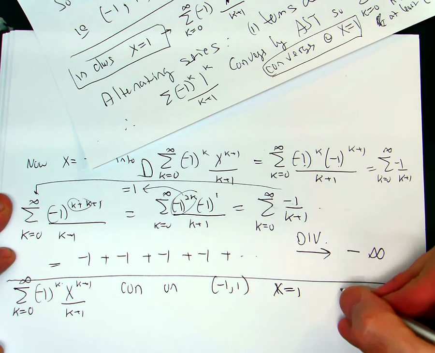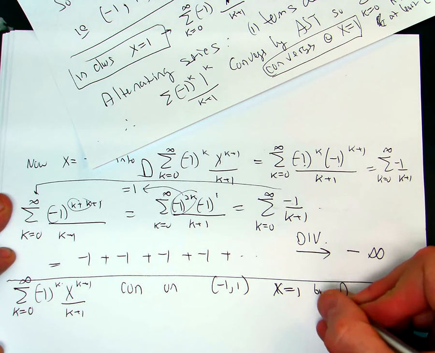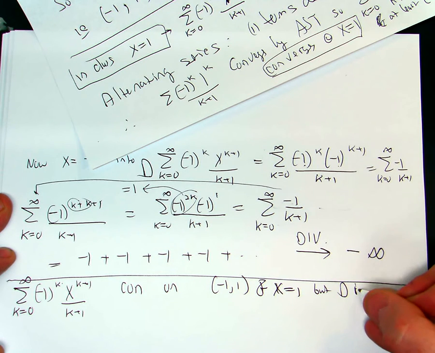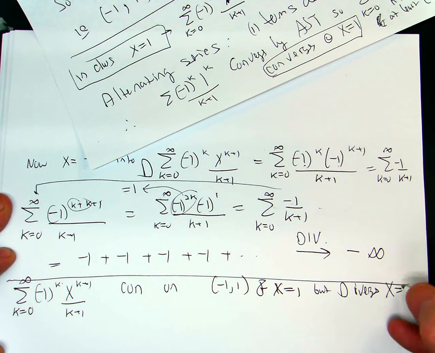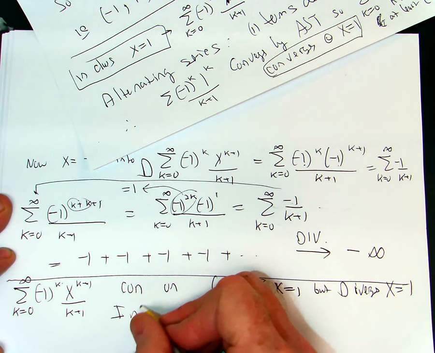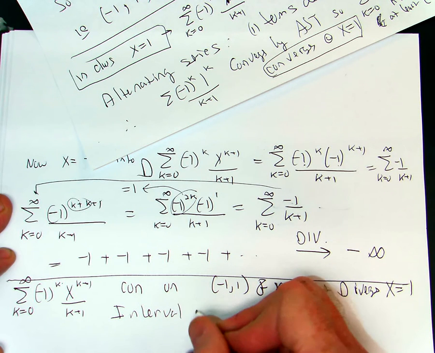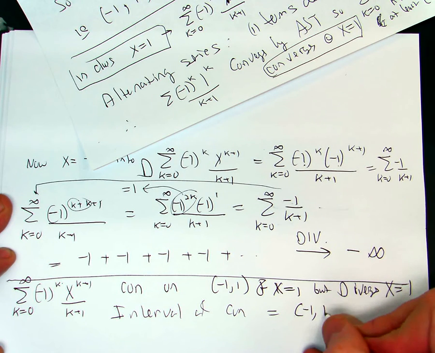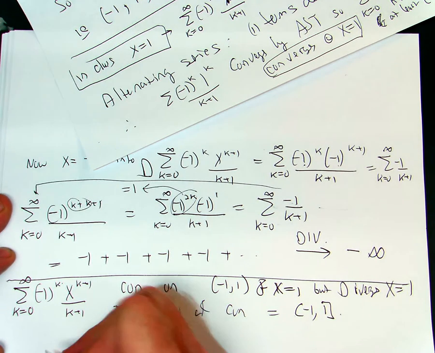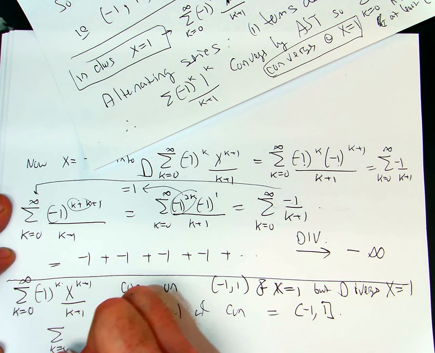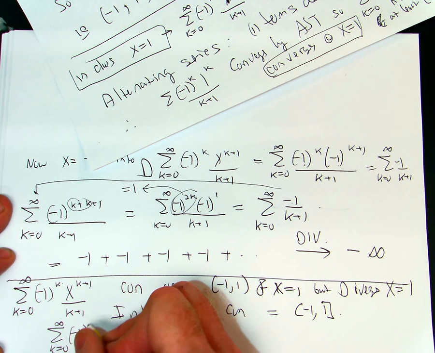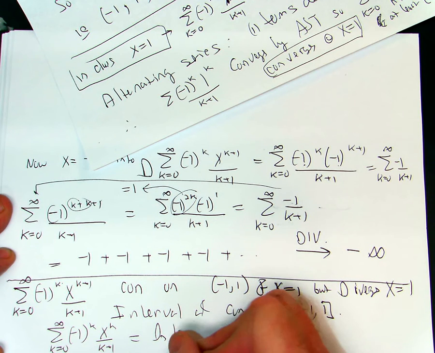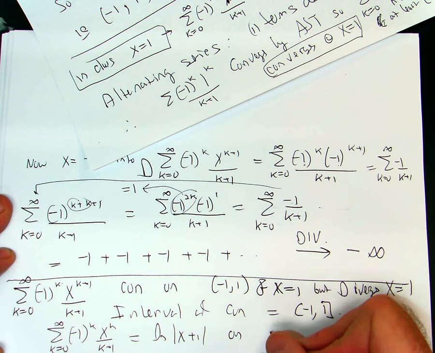But it diverges at x equal -1. So the interval of convergence equals -1 not included to 1 included. In other words, this equals natural log of x plus 1 on this interval right here.